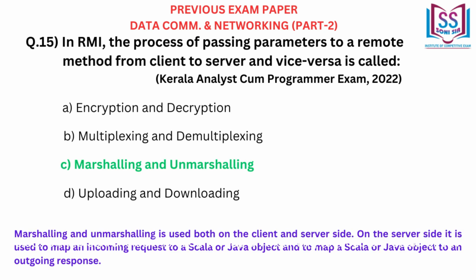Correct answer C. Marshalling and unmarshalling is used both on the client and server side. On the server side, it is used to map an incoming request to a Scala or Java object and to map a Scala or Java object to an outgoing response.